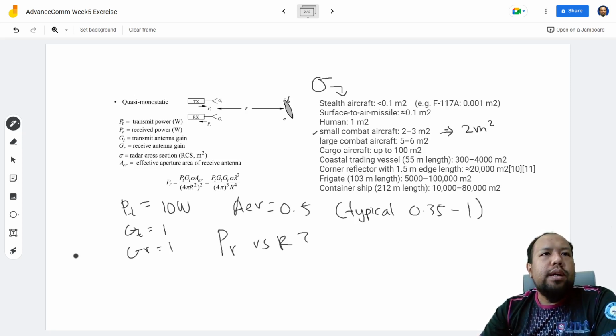So sigma is 2 meters square. Assuming the transmit power is 10 watts, and the transmit and receive gain is 1, it basically doesn't increase the value of transmit power.